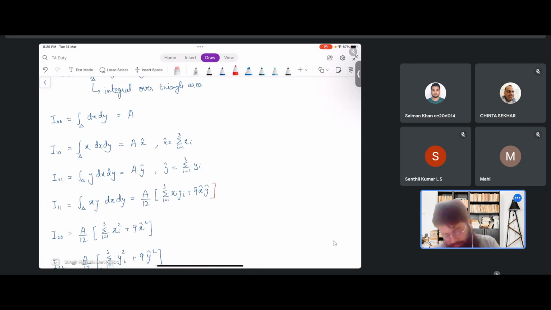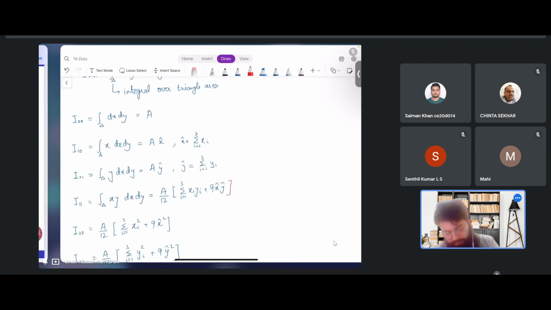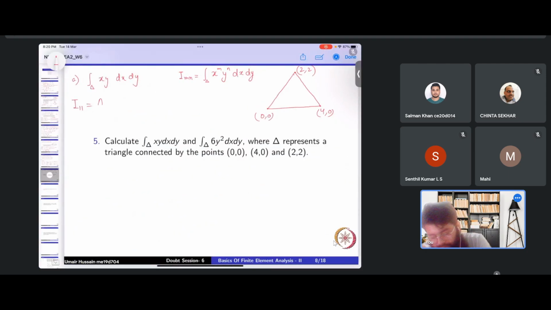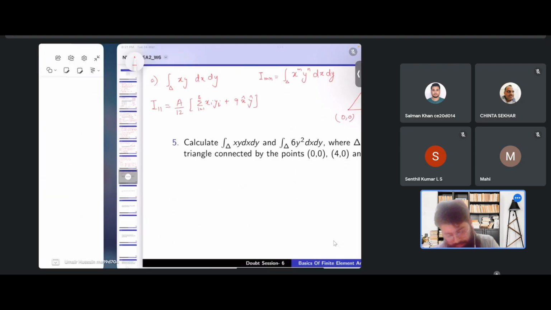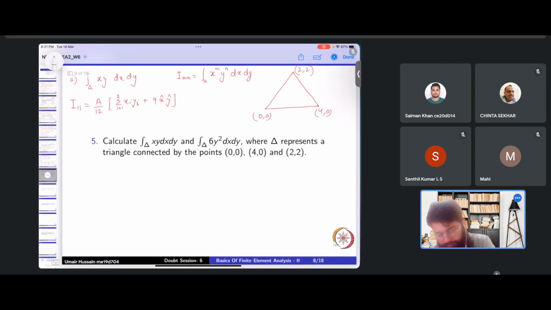This is I11. It equals A by 12 summation of xi yi plus 9 times x cap y cap. Okay, right. I hope so.